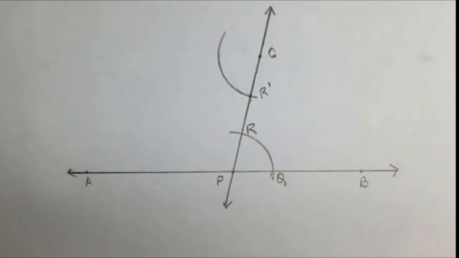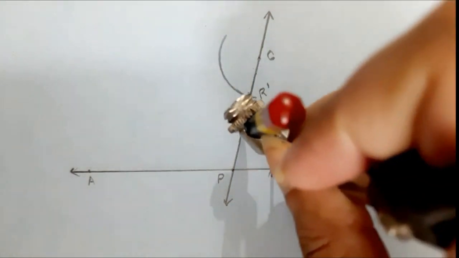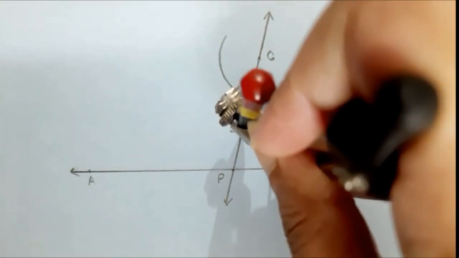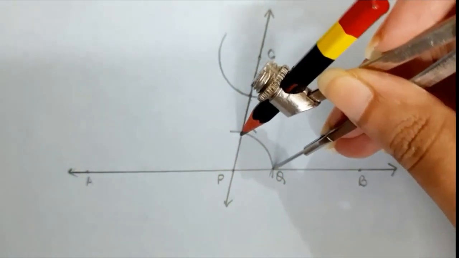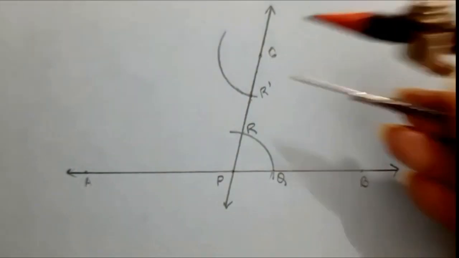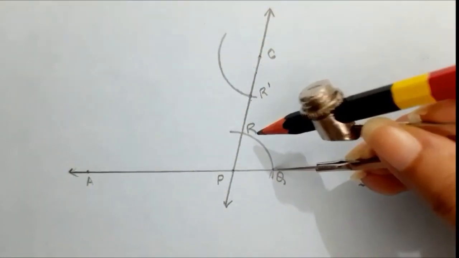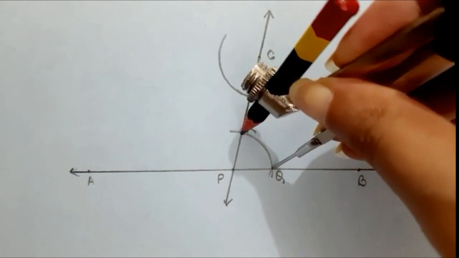So for that, what will we do? Now we'll take the compass opening equal to QR, exactly equal to QR. And once we have taken that, we'll place the pointer at R dash, and make sure that it is exactly equal to QR.